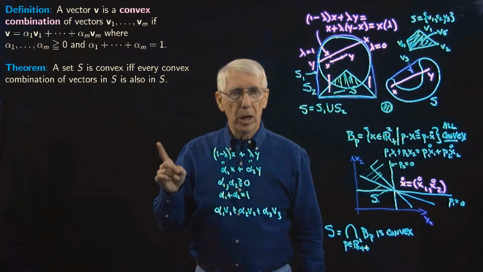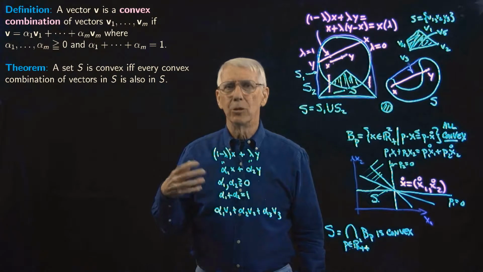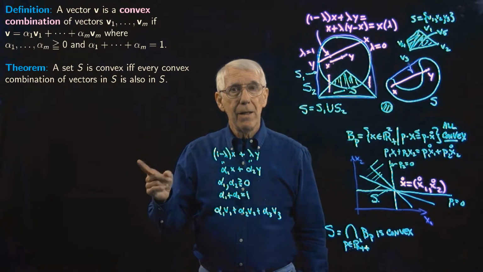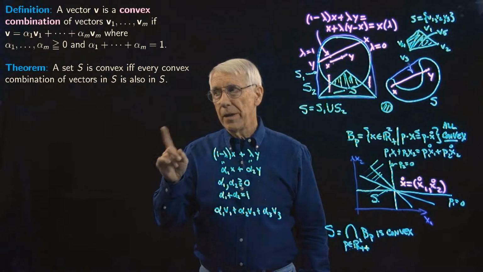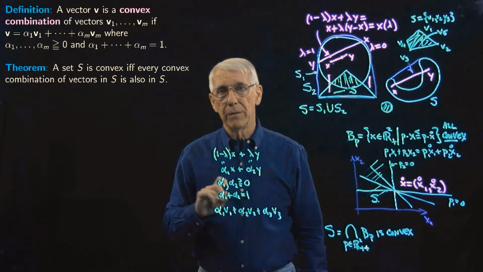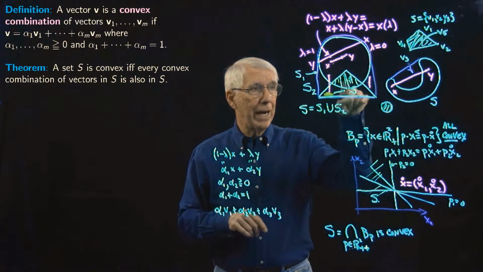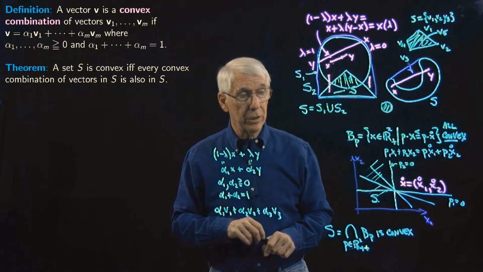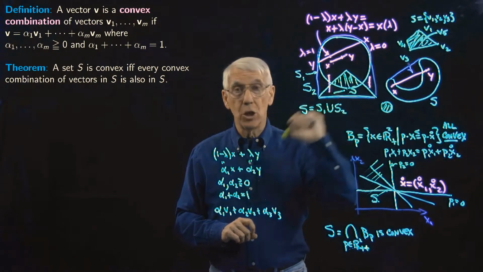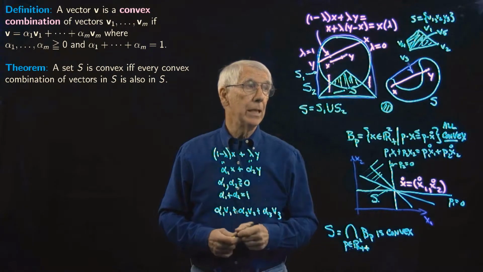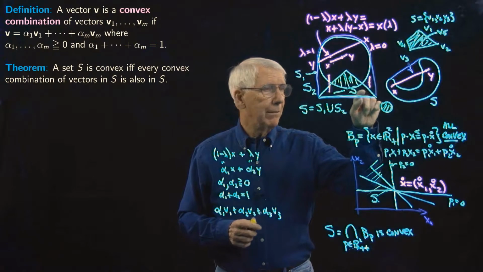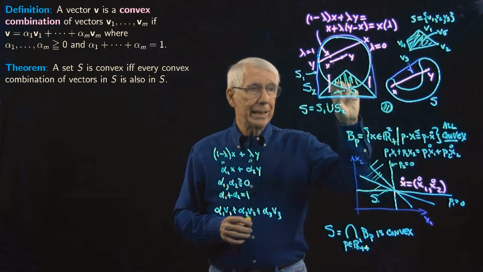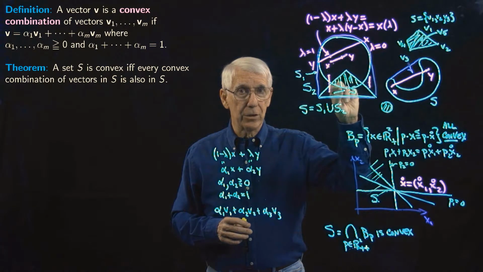So the only part that really requires any real proving is to show that if I have a convex set, then it must be the case that every convex combination of vectors, no matter how many finite vectors I take the convex combination of, is in S. So that would mean that I could take maybe half a dozen vectors in this triangular region and take the convex combination of those vectors.